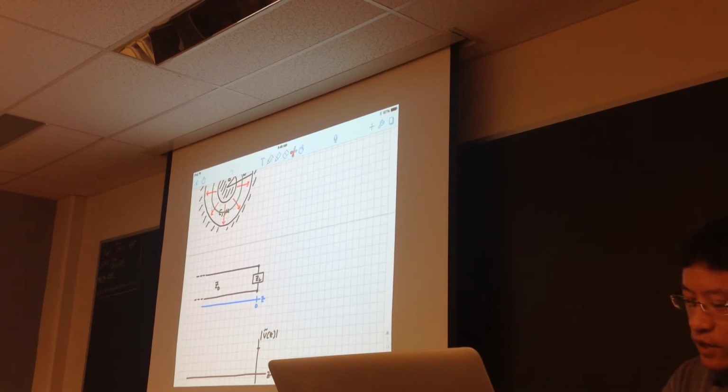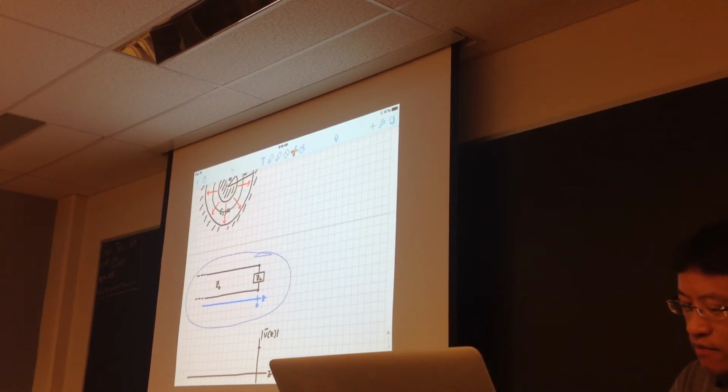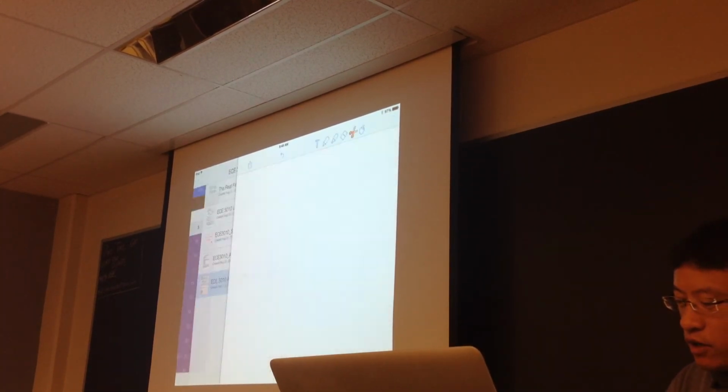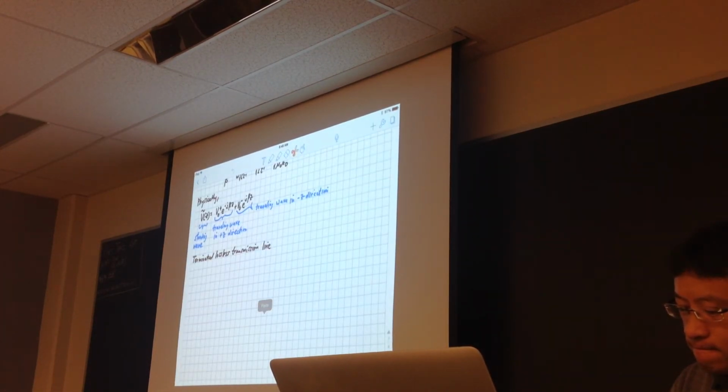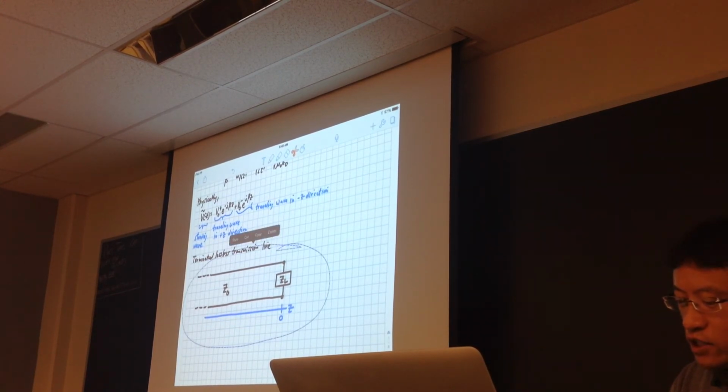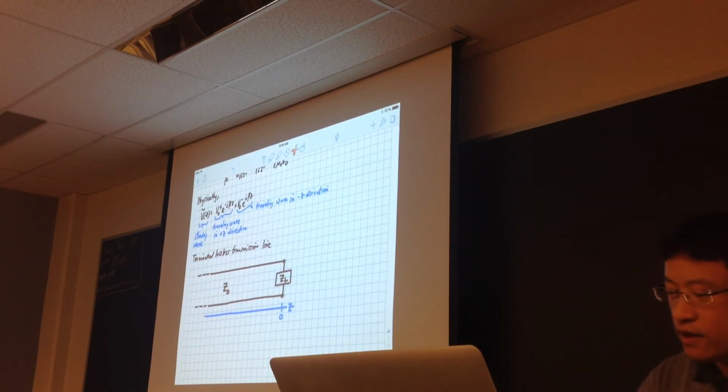Yeah. Okay, so this is going to be a diagram that we use quite a bit for the next couple of weeks. It is going to be our cartoon of a transmission line. We're going to say it's sort of infinitely long on one side.